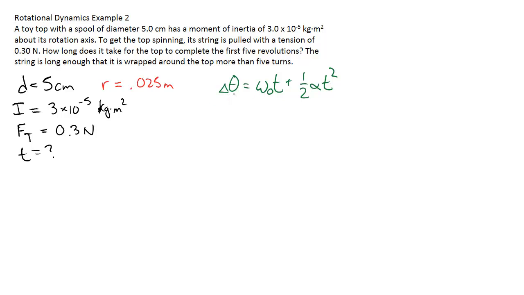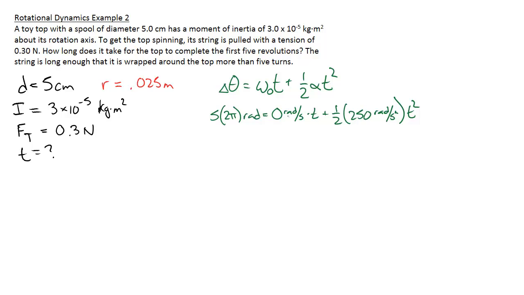Now I know that delta theta is going to be the 5 revolutions that I'm looking for. So it's going to be 5 times 2 pi radians equals, well, my initial angular velocity is just 0 radians per second times t, plus 1/2 times 250 radians per second squared times t squared.